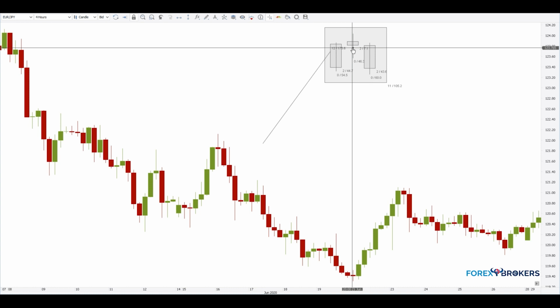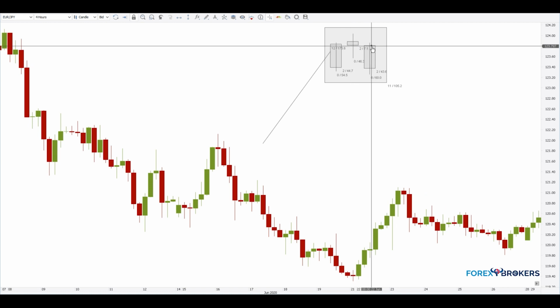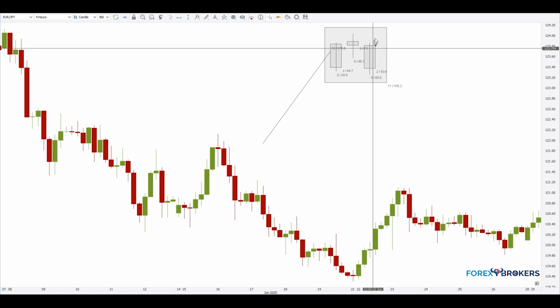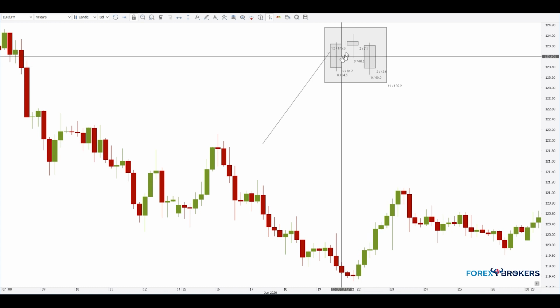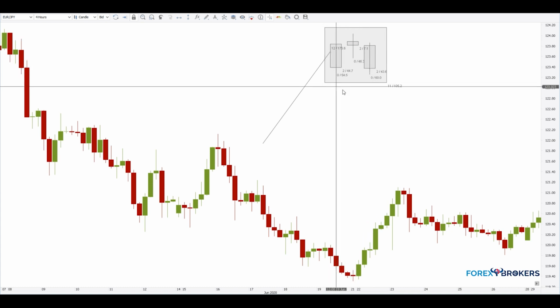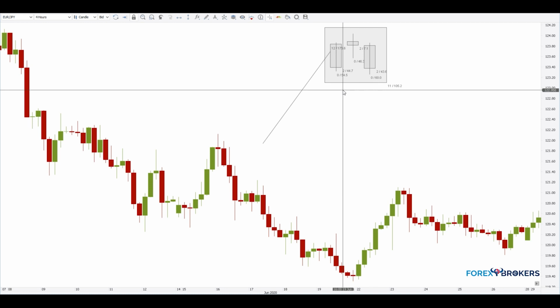It could be a doji candlestick, or the opposite of a hammer, a shooting star, or it simply could be a candlestick with a small real body. And then an opposite candlestick appears, of a different color, a bearish candlestick that retraces minimum 50% of the first candlestick's real body, and that is an evening star.